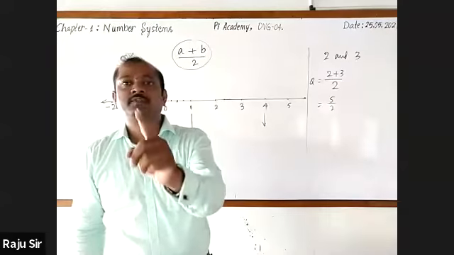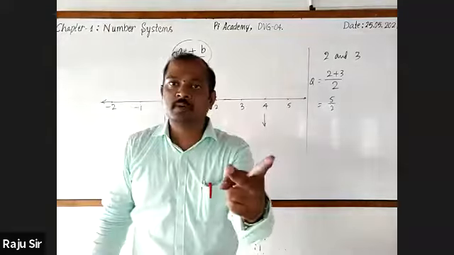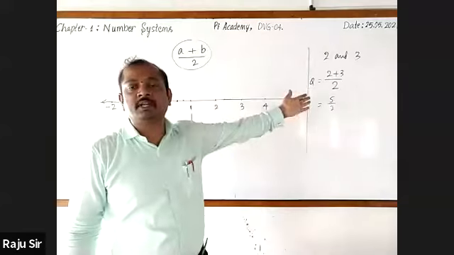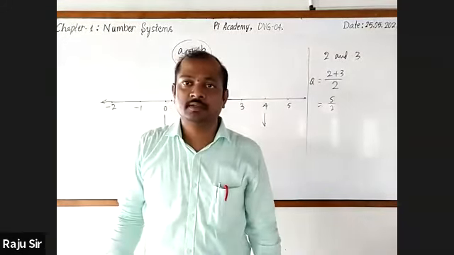Got it? In the examination, if they ask you to find just one rational number between two given rational numbers, you can go for this method, and we call it the arithmetic mean method or just the mean method.